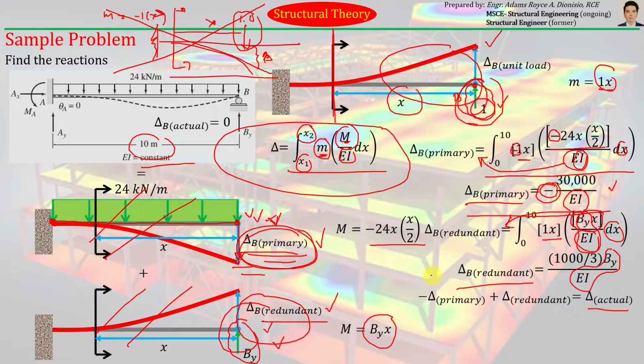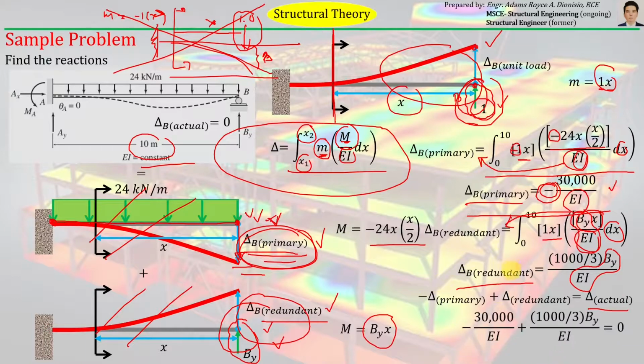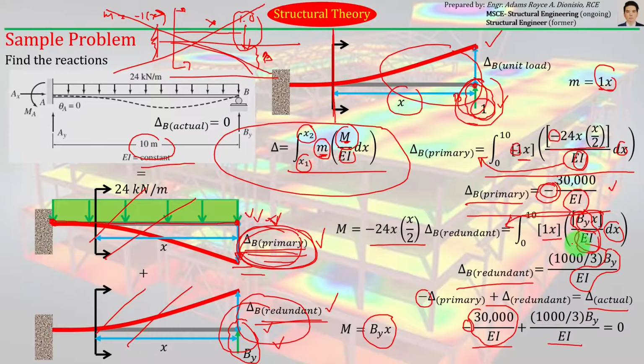In equation form, the magnitude of the deflection from the primary structure is equal to 30,000 over EI. We just put a negative sign here to indicate that delta B primary and delta B redundant have different directions, which is obvious on the drawing. So the sum of the primary deflection and the redundant deflection must be equal to the actual deflection, which is equal to 0.